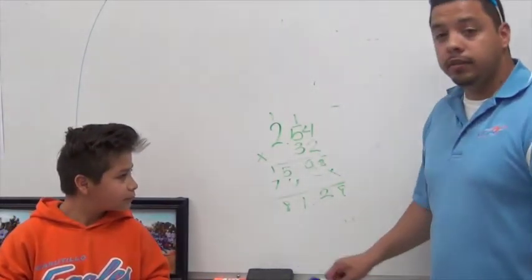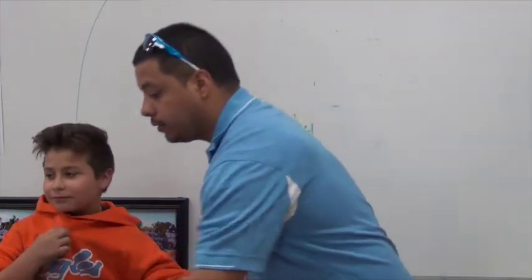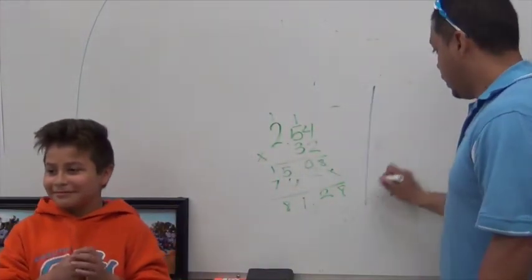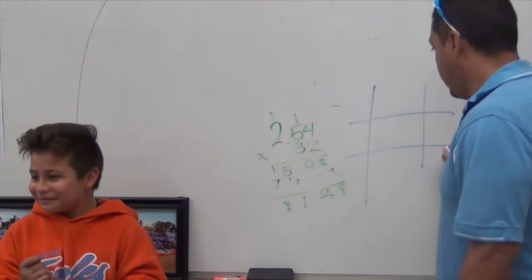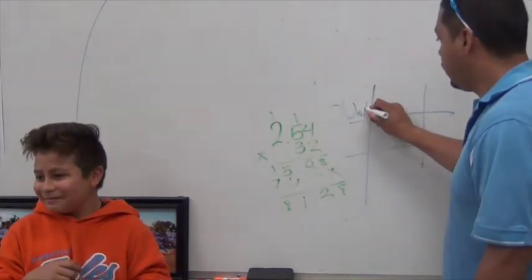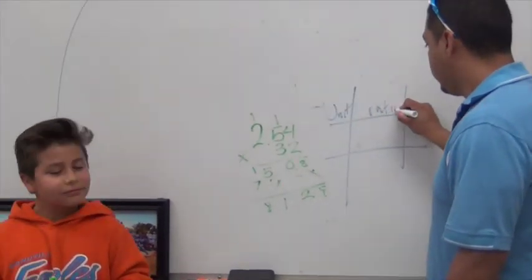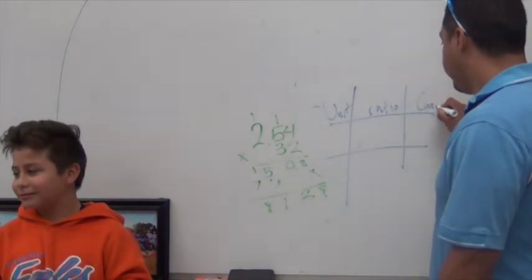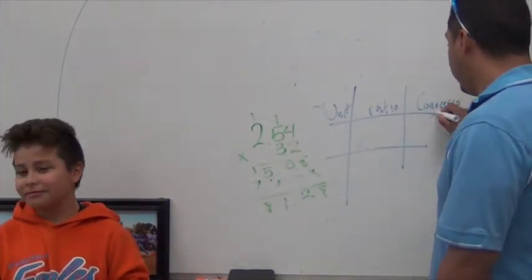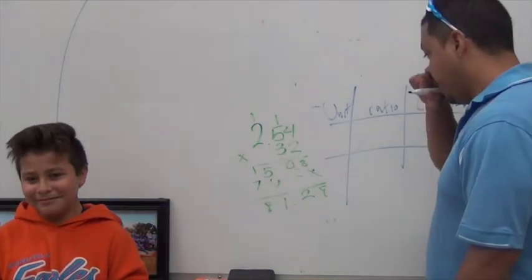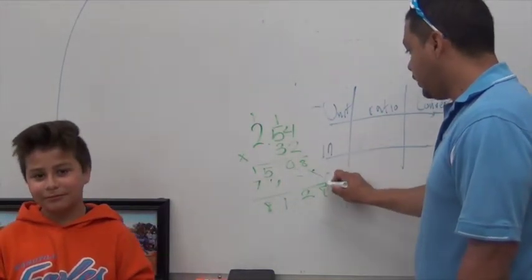Another way you could have done this is you could have done unit ratio conversion. If you guys remember how we did this one, where your units are inches and centimeters.